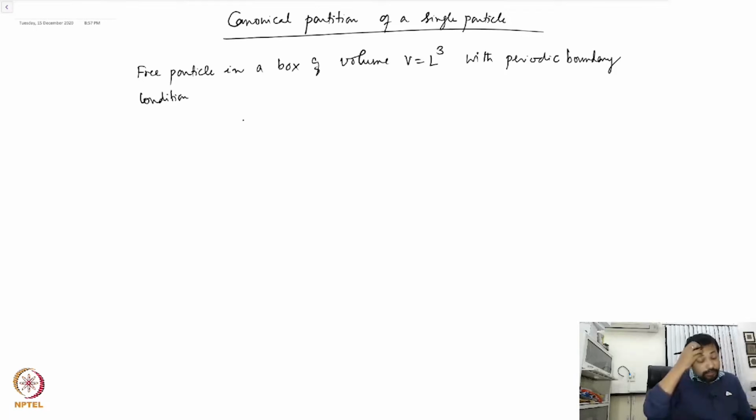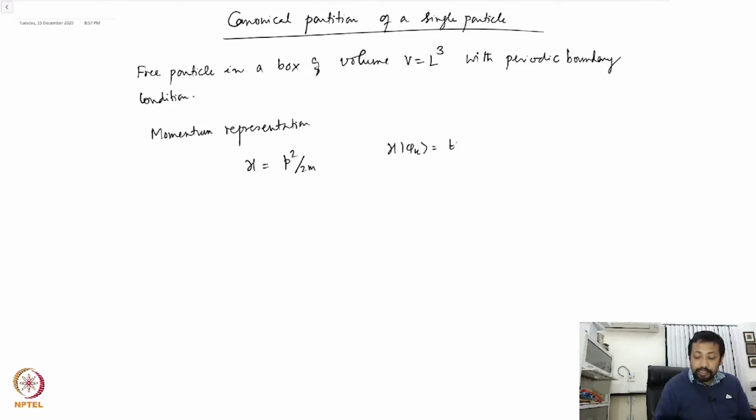So the task is now very simplified if we look at the momentum representation. In the momentum representation, the Hamiltonian for a single particle is p squared over 2m, and H of phi_k is E_k phi_k, where the energy eigenvalue is h bar squared k squared over 2m.